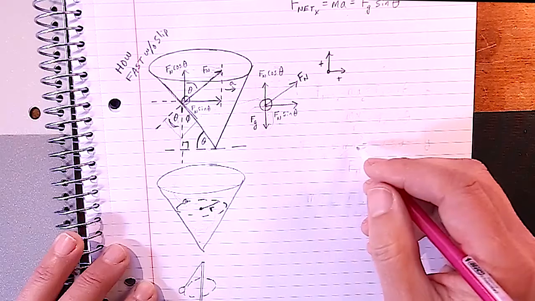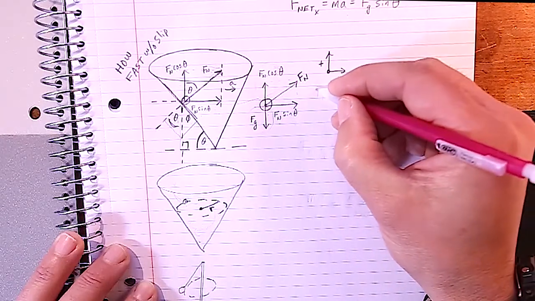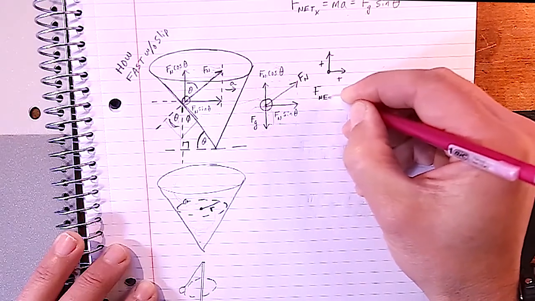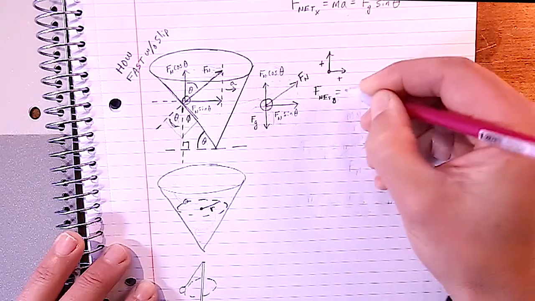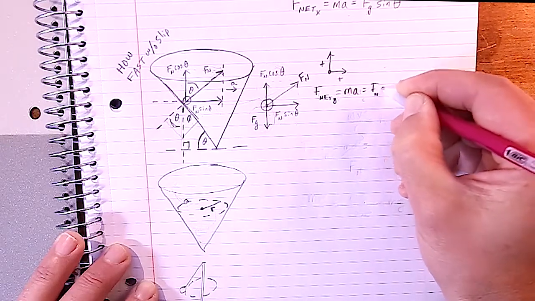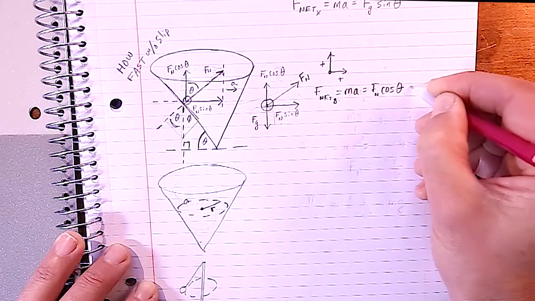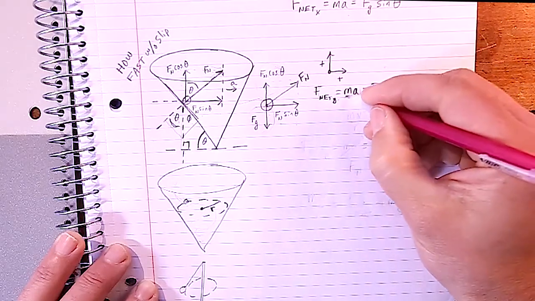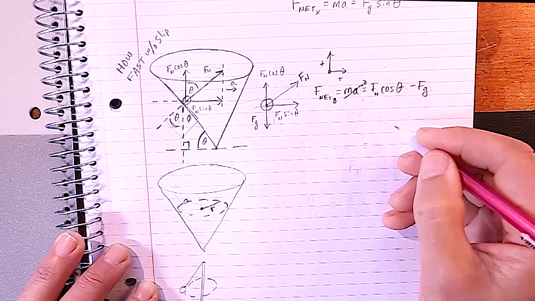So let's go ahead and solve this by starting out with the F net y. So in the y direction, we have MA is equal to Fn cos theta minus Fg. But it's not accelerating in the y plane, so this drops out to 0.